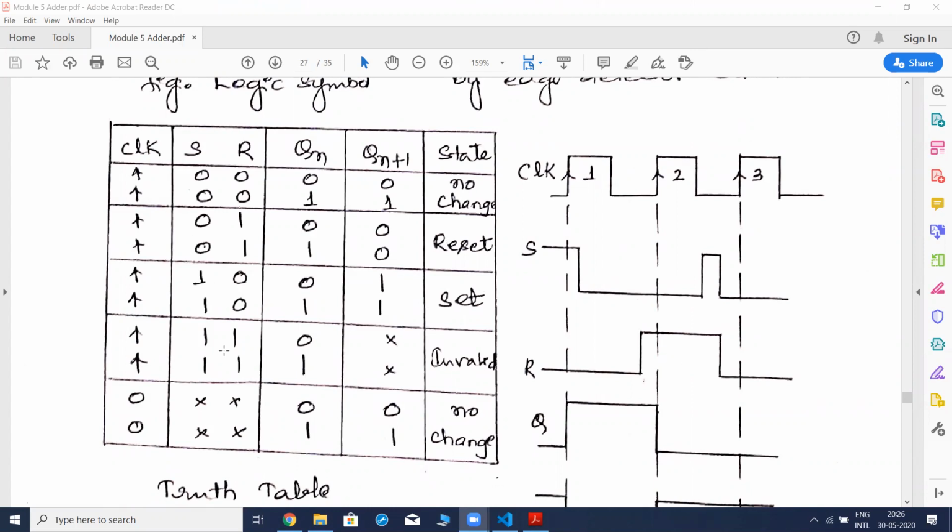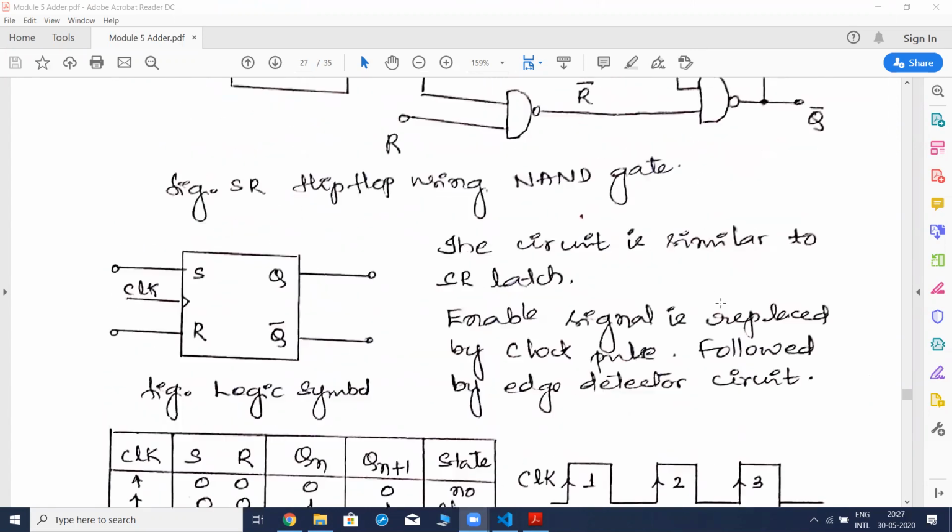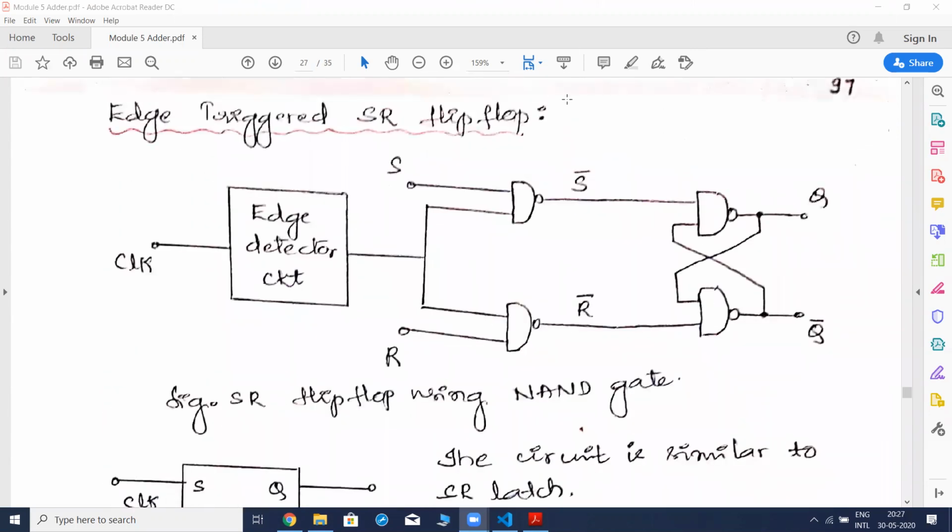Okay, now we need to see the last one, which is S equal to 1 and R equal to 1. When S is 1 and R is 1, here the clock signal is also 1, so both inputs are 1.